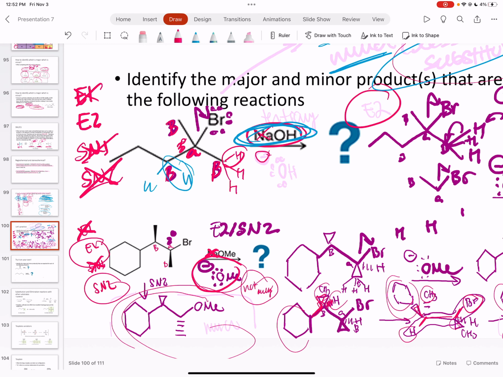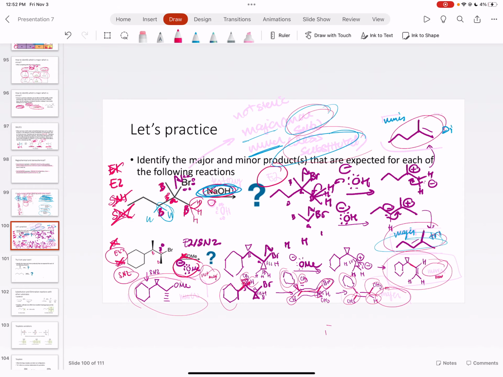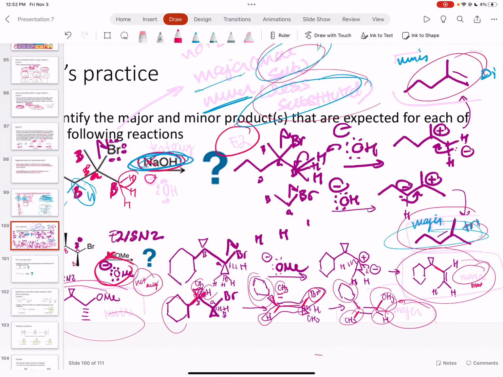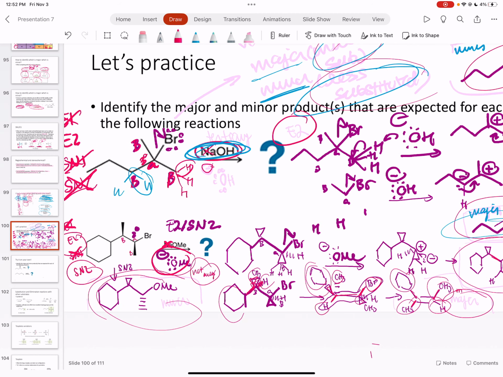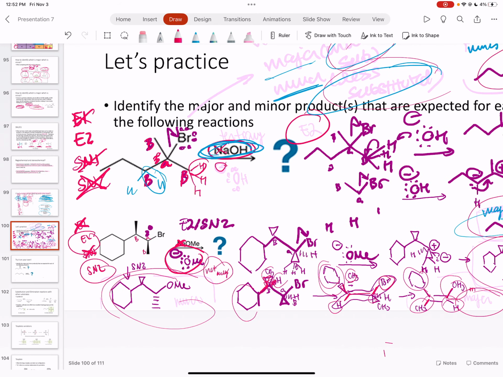It will all depend on the available hydrogens. So then E2 and SN2, we don't really have to worry about any carbocation rearrangements, just because everything happens simultaneously at once, which is pretty nice.